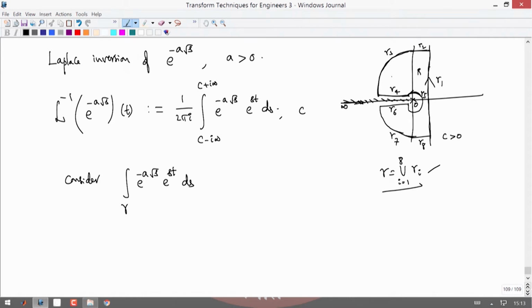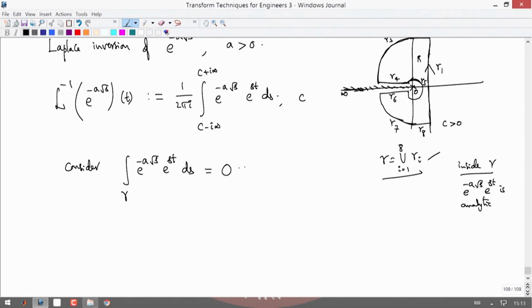Because there is no pole for this function, it is analytic inside the domain of gamma. The functions e power minus a root s and e power s t both are analytic, because of this analyticity, by the Cauchy residue theorem, you do not have 2 pi times residue, there is nothing. So, it has to be equal to 0.